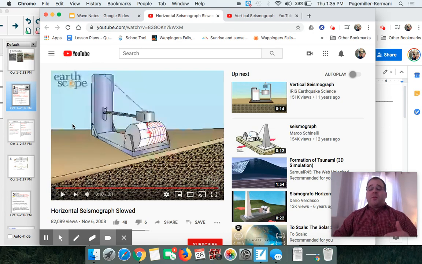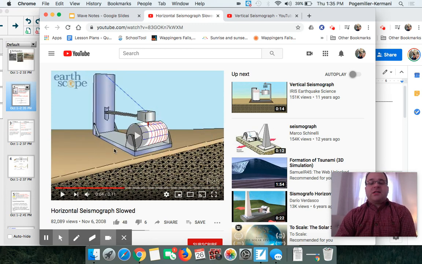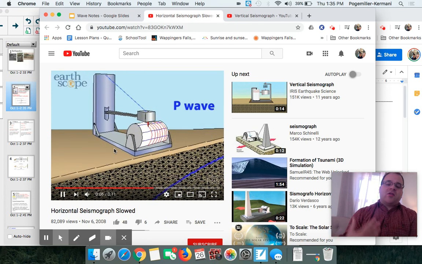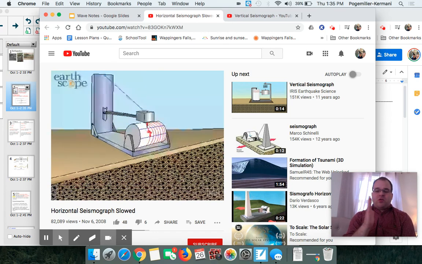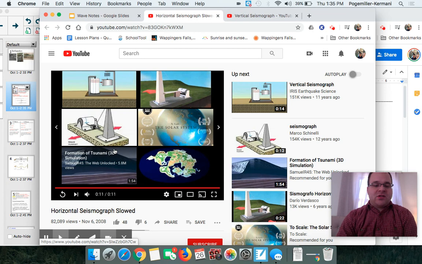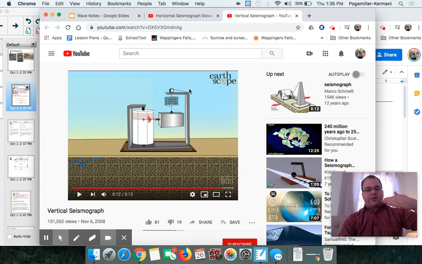There are multiple waves that come to the Earth's surface to hit the seismograph, and we're going to learn about them in a little bit. But as you can see, the waves come to Earth's surface, and every time a new type of wave shows up, you have more movement. So that is one where the seismograph is horizontal, but you can also have it where it's up and down.